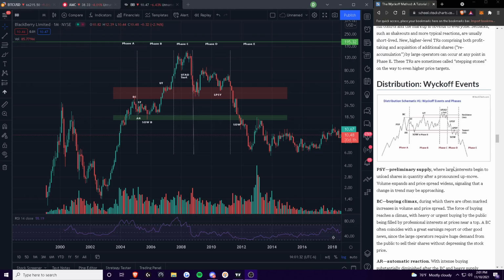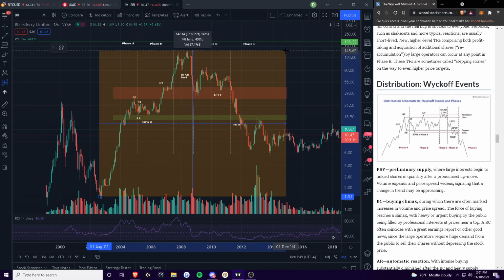So this is Blackberry, and this is Blackberry's chart. You're basically looking at it from 1999 all the way up until like 2018. But the key part of the chart that I want to look at for now is this part of the chart and relating it to this distribution schematic.